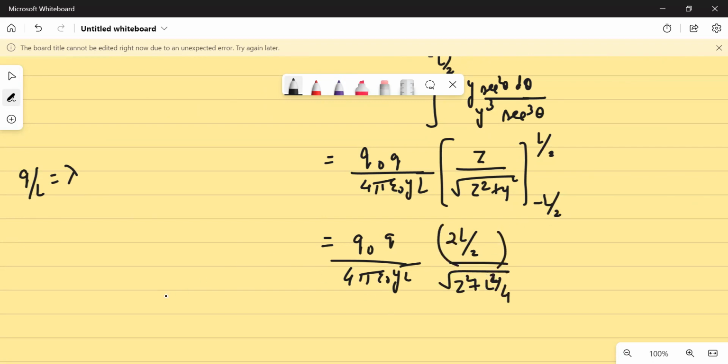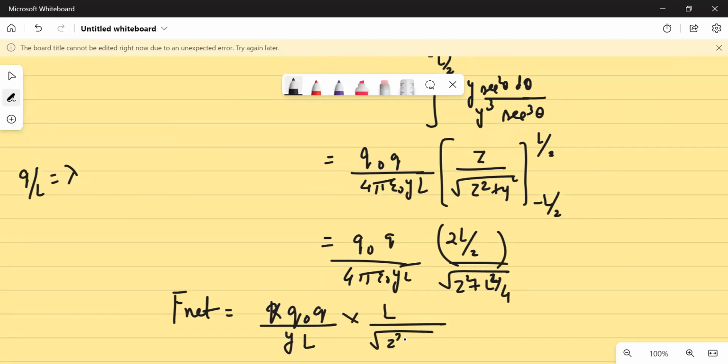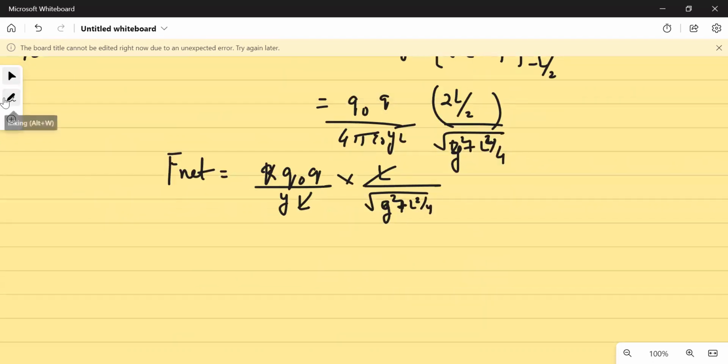So overall, your total force is given by K Q naught Q upon y into L into root over z square plus L square by 4. So overall this gets cancelled, and this will be your answer. Replacing z with y, it will be y square plus L square. Is that clear to you? I don't think there is an issue till now.